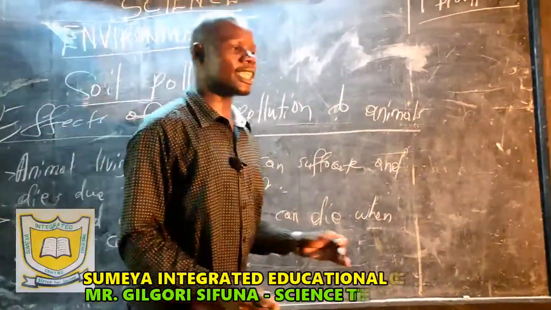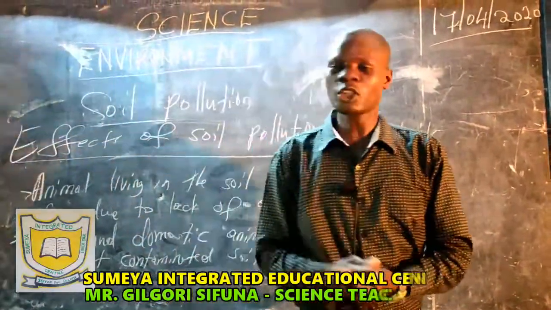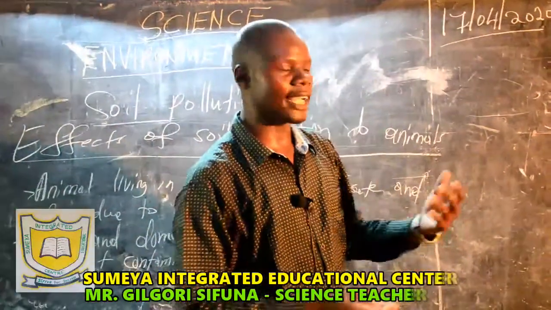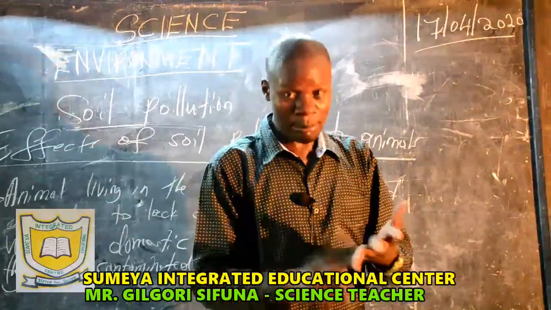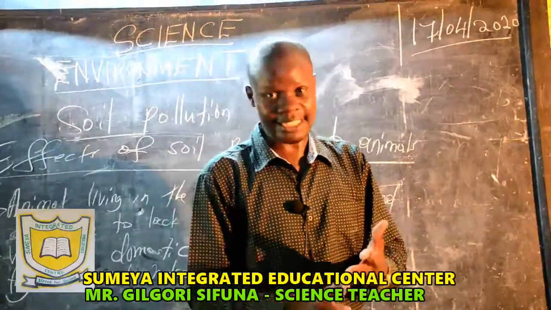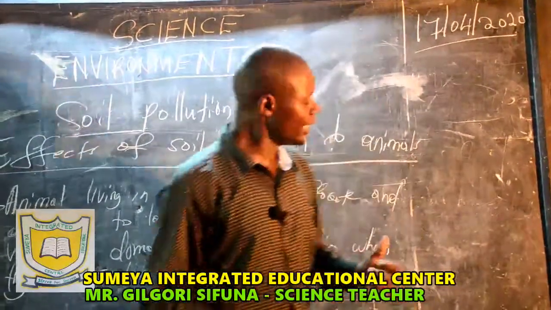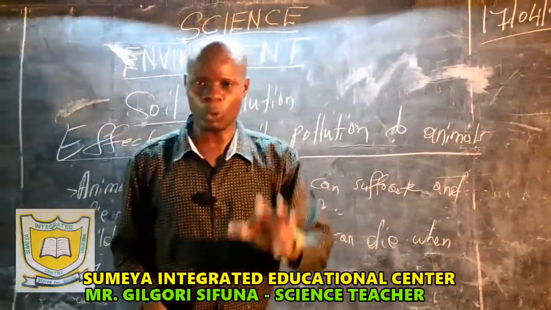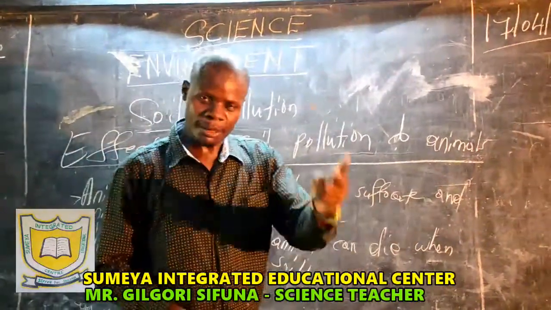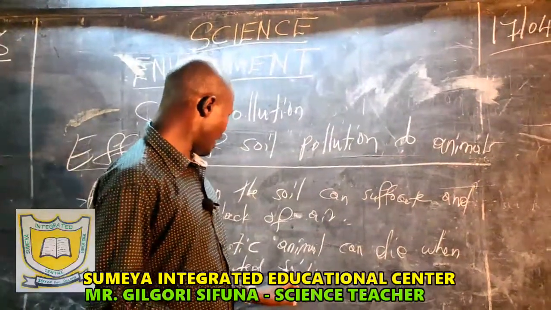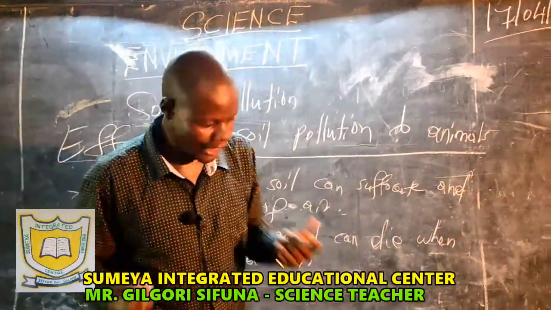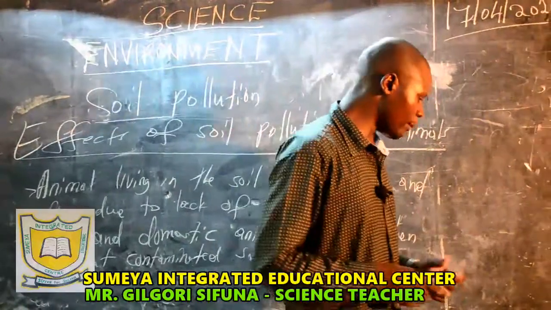These animals eat soil. So when the soil has a lot of chemicals, for example fertilizers, herbicides, pesticides, these are chemicals. When the soil is contaminated with such chemicals, they are poisoned and they die. So they have been affected by the polluted soil.